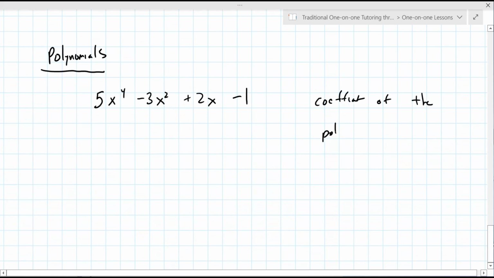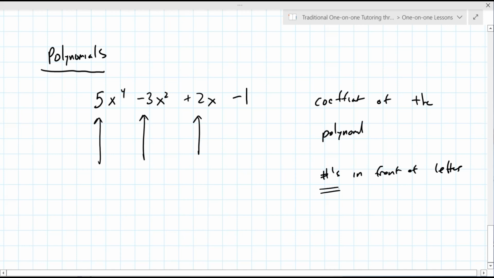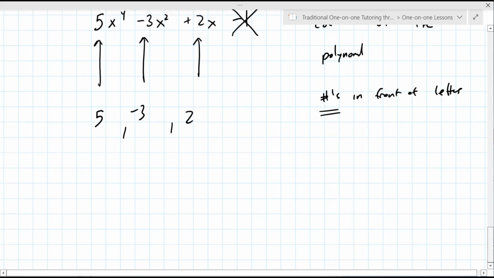So the coefficients are the numbers in front of letters. So what are the numbers in front of the letters? No, the number. Oh, 5, -3, and 2. Very good. This one's usually excluded. Now your course is doing it a little bit differently.